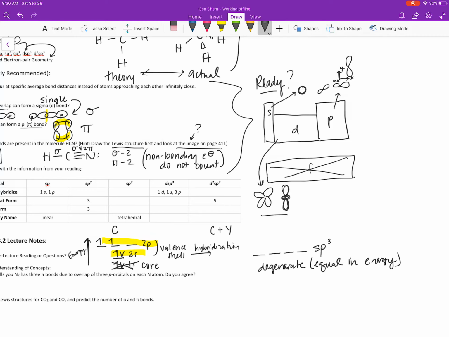This happens under the conditions of carbon forming a molecule, creating a bond with another atom.